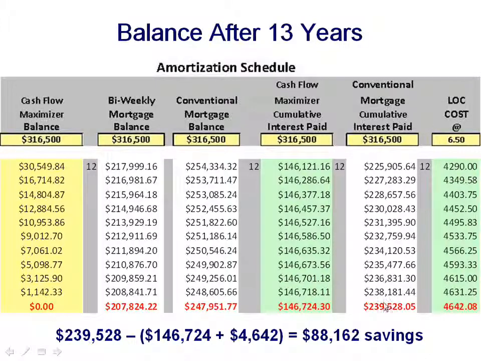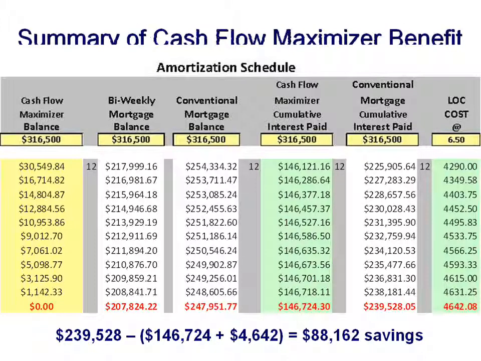So as you can see, there's a tremendous savings here by just using this simple little strategy. No rocket science here, but it sure blows people away when you make this presentation to them.